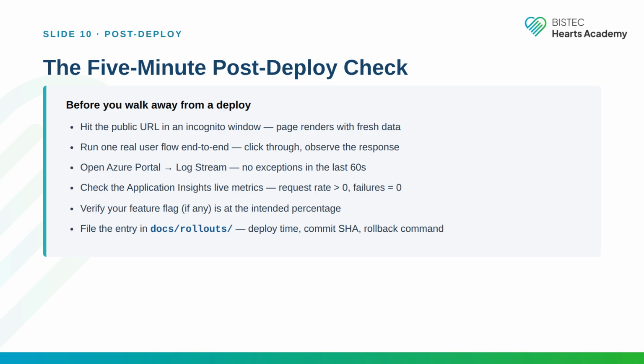Application Insights live metrics. Request rate greater than 0, failures equals 0. 5. Verify your feature flag, if any, is at the intended percentage. 6. File an entry in docs/rollouts with deploy time, commit SHA, and the exact rollback command. That file is the first thing you reach for if anything breaks in the next 14 days.